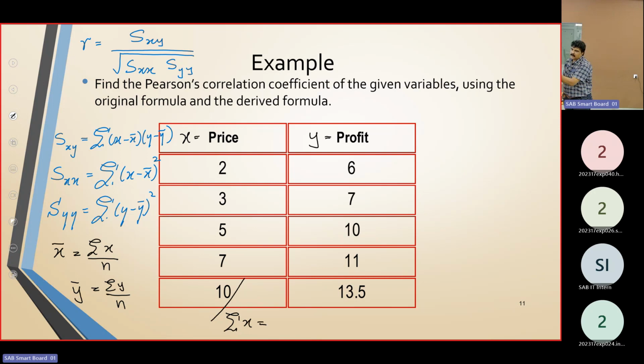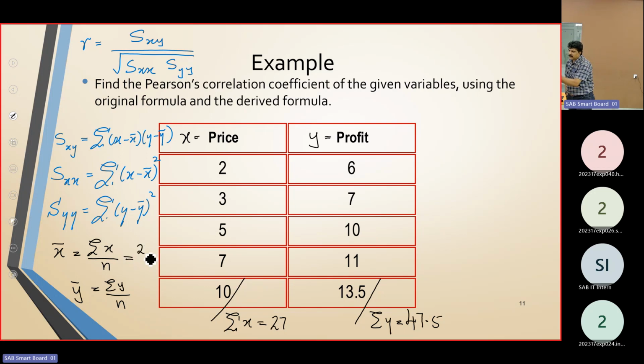5, 10, 17, 27. So we need sigma y. Here we have 0.5, 5, 3, 4, 11, 17, 1, 2, 3, 4, which gives 47.5. So we have the values.